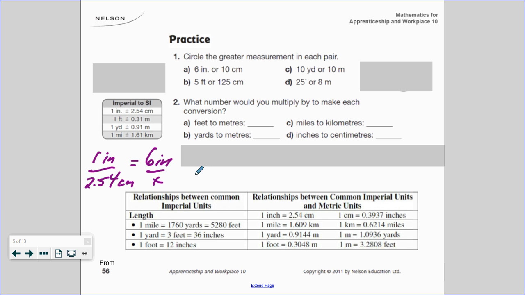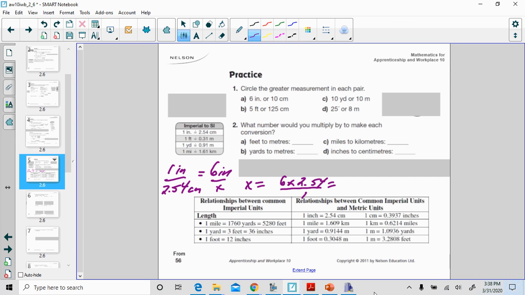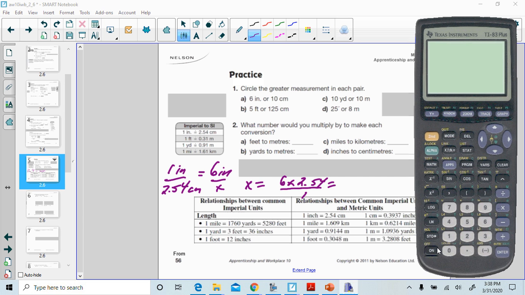Okay, so we'll just go x is 6 times 2.54, all divided by 1. And this will give us, let's pull up the calculator here, 6 times 2.54, 15.24 roughly.